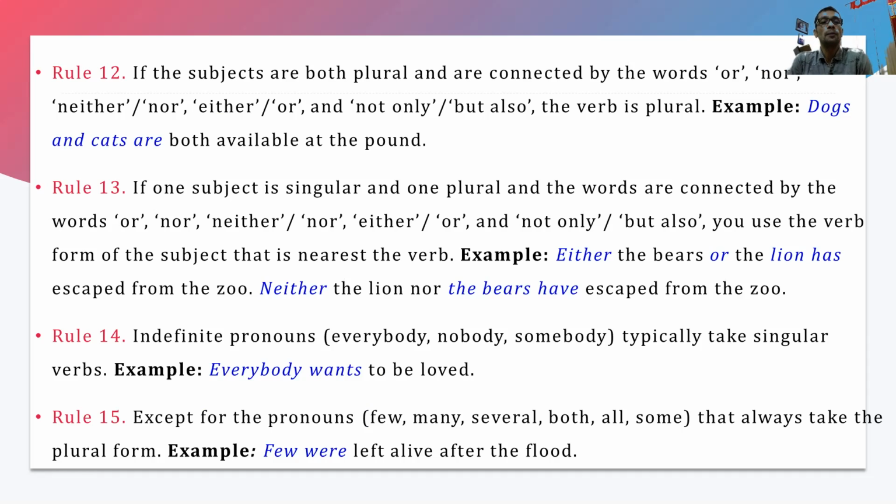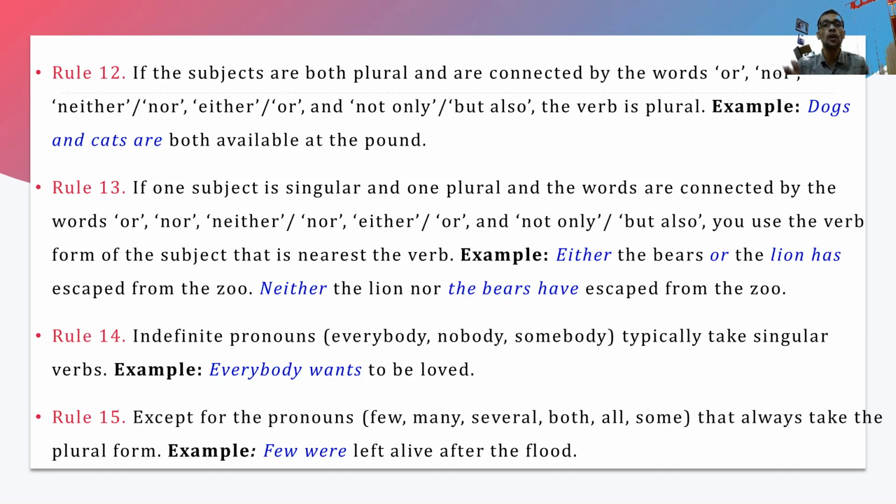Now let us go to the next example. Rule number 13: if one subject is singular and one plural, and they are connected by or, nor, neither nor, either or, not only but also, you use the verb form of the subject that is nearest to the verb. For example, either the bears or the lion has escaped from the zoo. Lion is very close to the verb, that is why has been used.